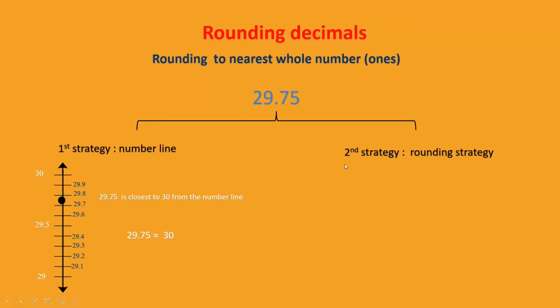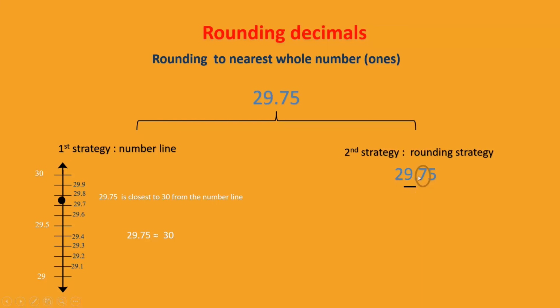Okay. Second strategy, the rounding strategy. Okay, 29.75. Underline the place you need to round to, here the ones, so underline the ones. Then circle the next digit.